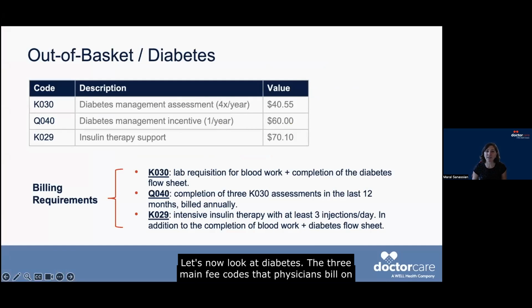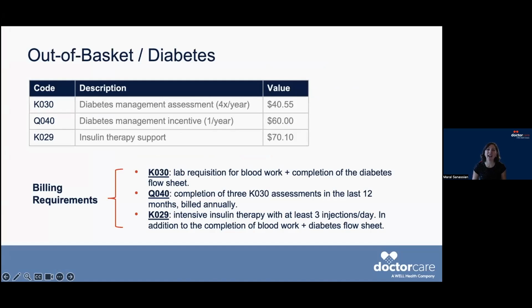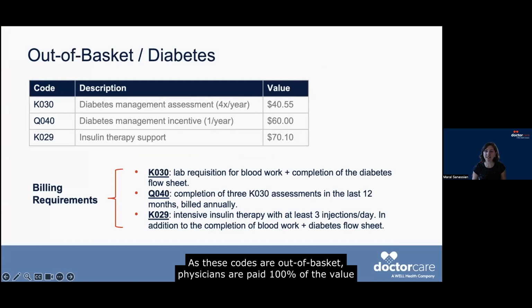Let's now look at diabetes. The 3 main fee codes that physicians bill on their diabetic patients are K030, the Q040, and the K029. As these codes are out of basket, physicians are paid 100% of the value for this code.